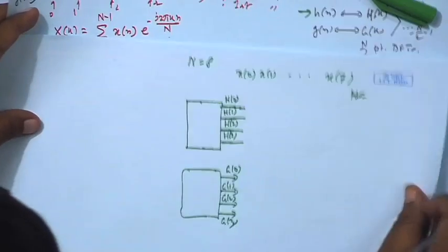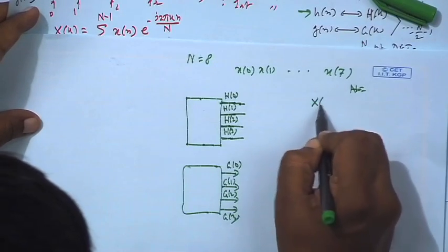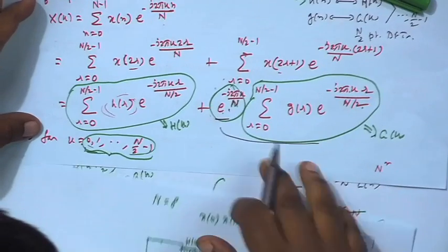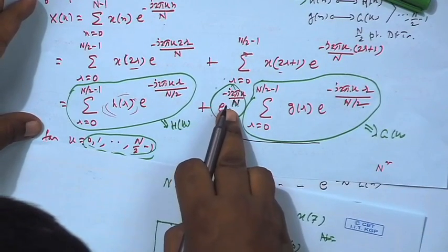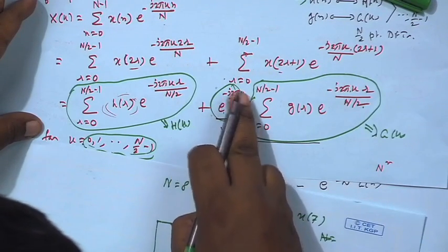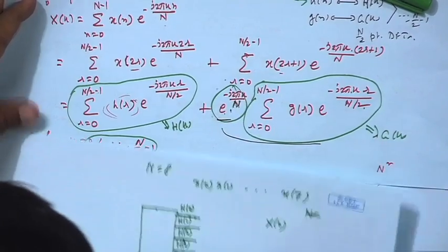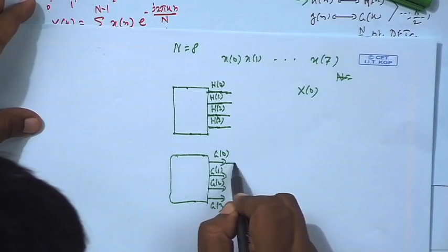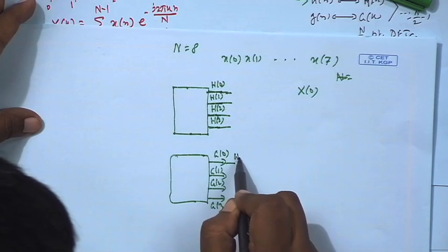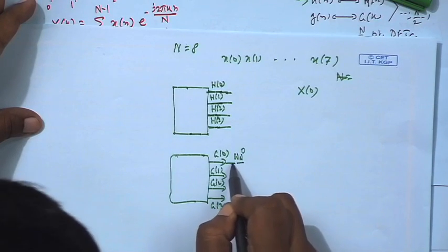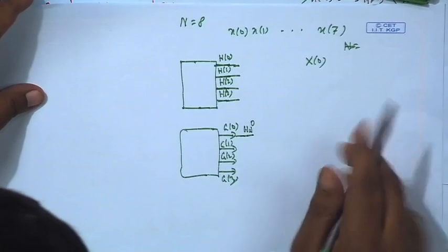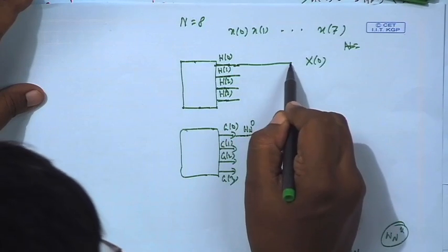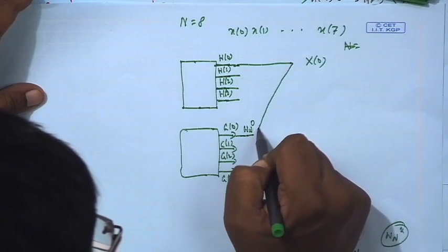So, suppose I have to find out x 0. That will be h 0 plus W n whole to the power k, k is 0. So, W n to the power 0 into g 0. Suppose I multiply it by, substitute W n to the power 0 is 1, but I am still writing, and then I add this.